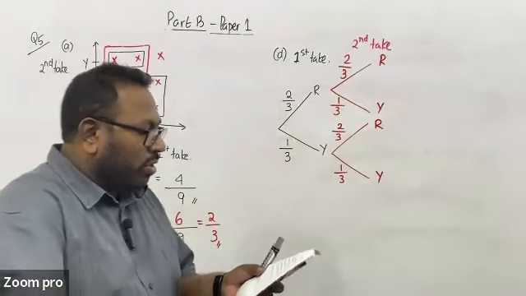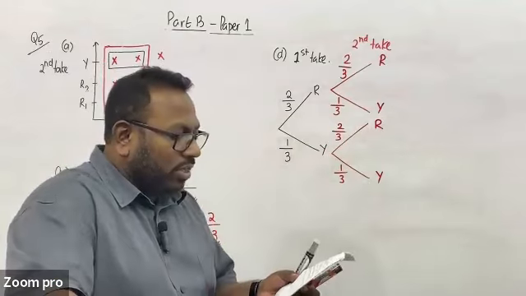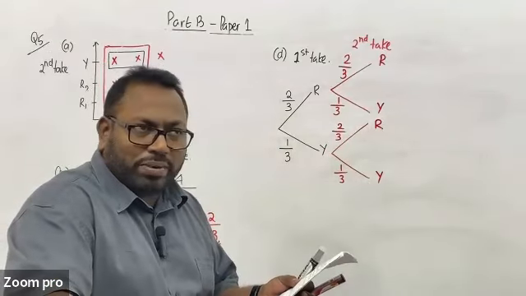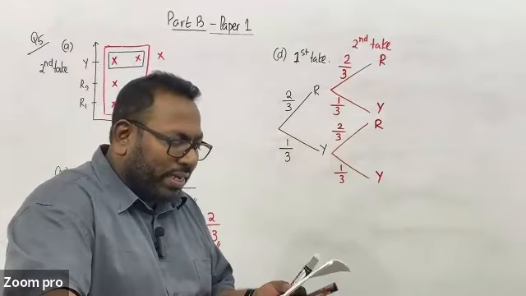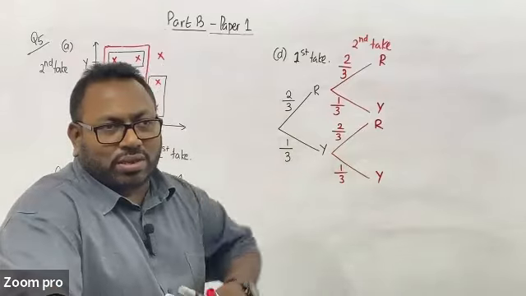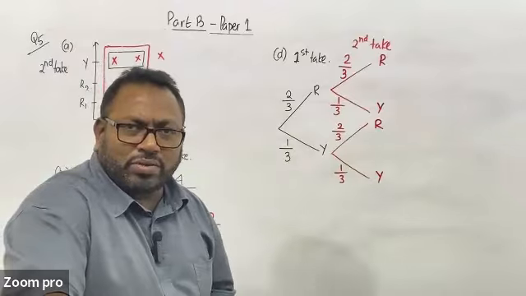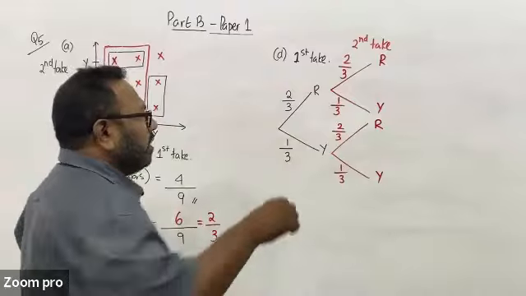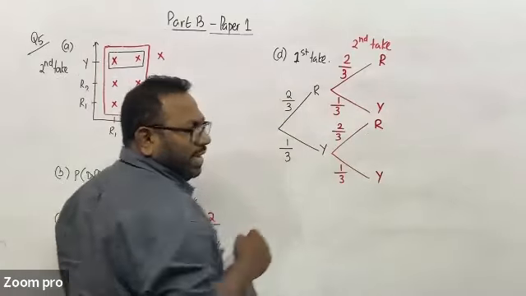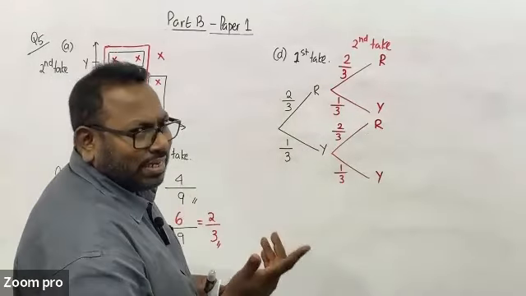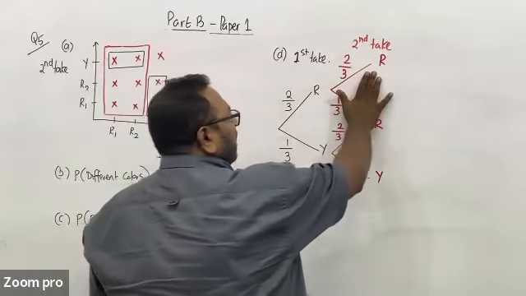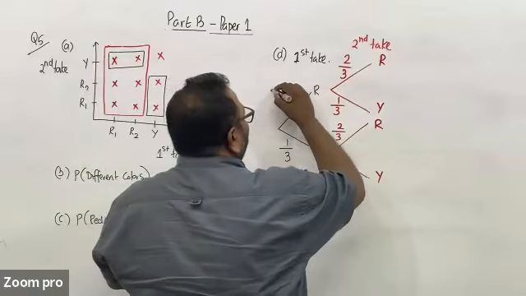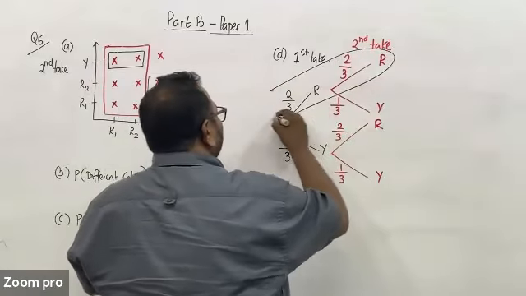Right. Question number E. Using the tree diagram, find the probability of obtaining a red bead at least once. What is the probability of obtaining a red bead at least once? If you take a red bead for the first time, for the second time also you can take a red. So at least one. Okay, so this is one probability.